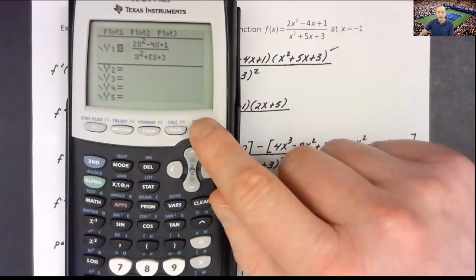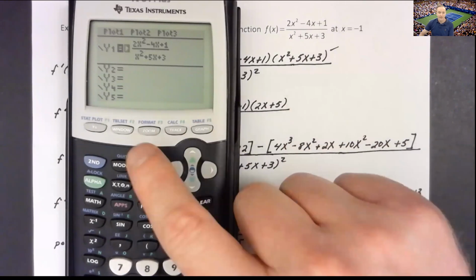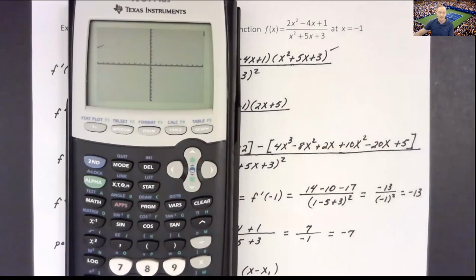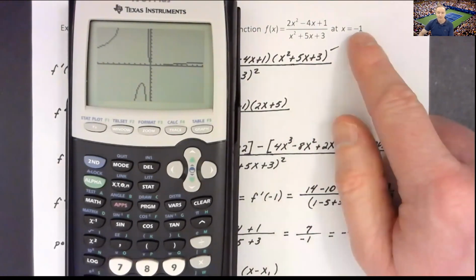Now, if I go ahead and graph this out, it doesn't have to be a good looking graph. In fact, if I go zoom 6, it's probably fine. Okay, so pretty bad looking graph, doesn't matter. All I need to know is what's the equation of the tangent line when x is negative 1.